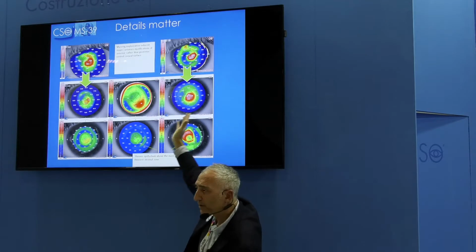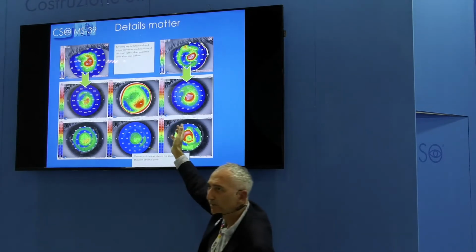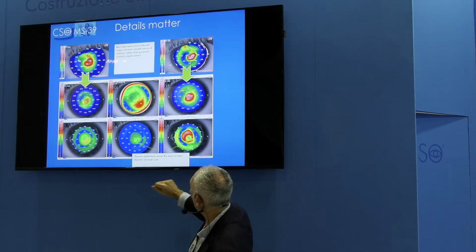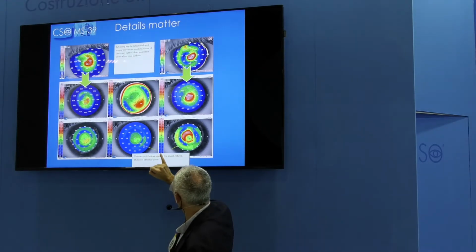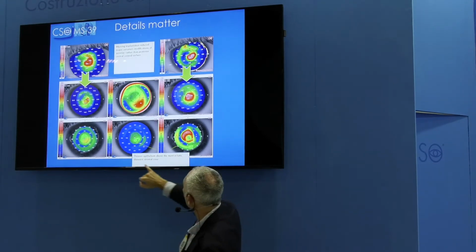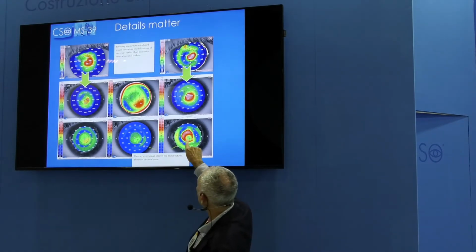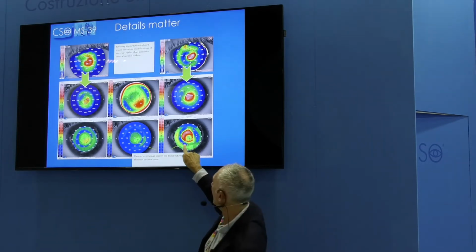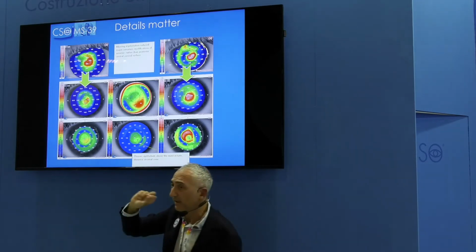But as we know, the posterior is refractively much less important, so no problem. Another interesting point is looking at the epithelium here, and we see how in the still more ectatic area of the center of the cornea, the epithelium is thinner.